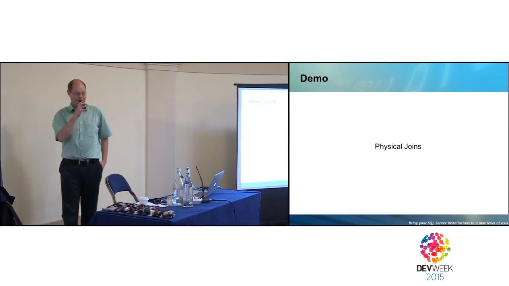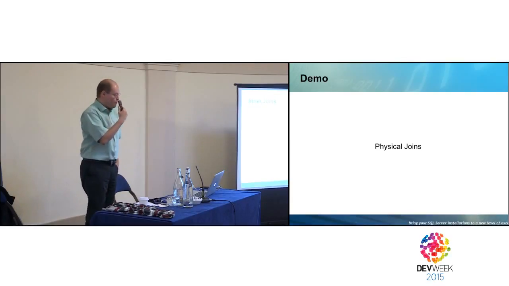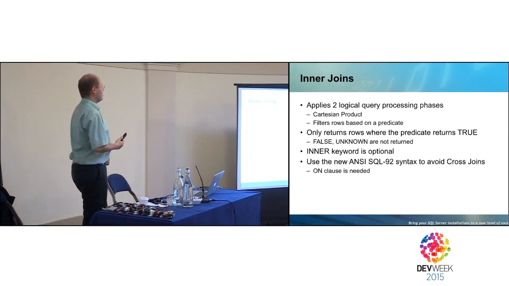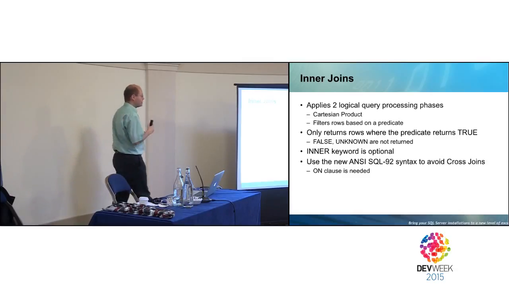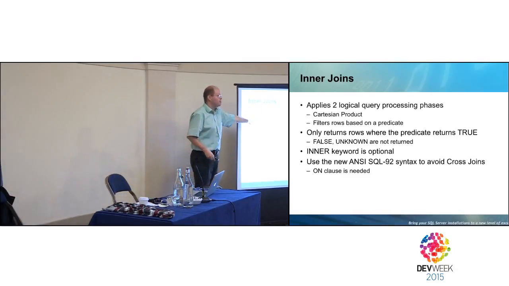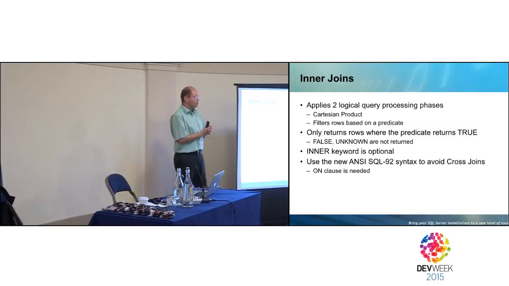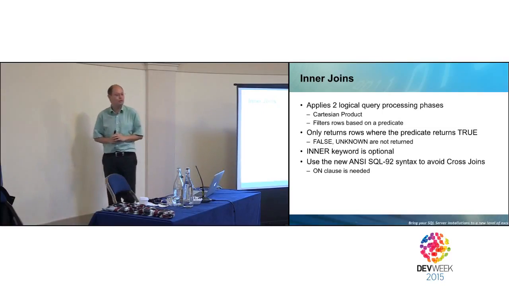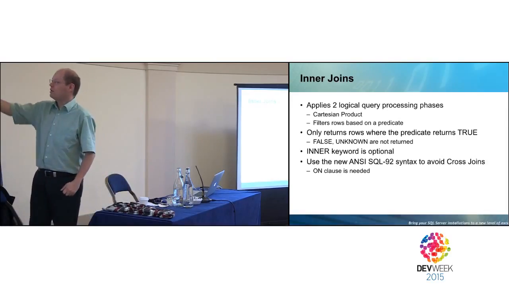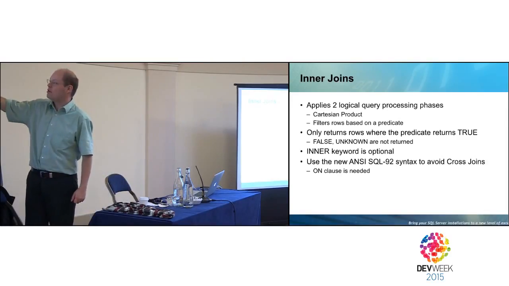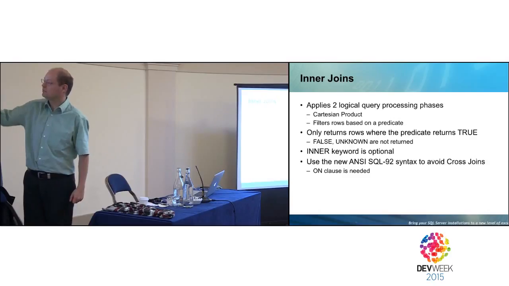Inner joins. When we perform an inner join, we perform on the logical level 2 processing phases. In the first step, we create our Cartesian product, and afterwards we just filter common rows. Imagine in our case, we perform now an inner join, and we say on a.id equals p.id.